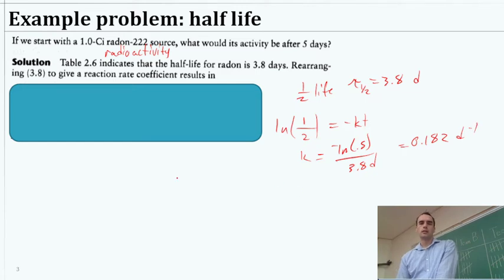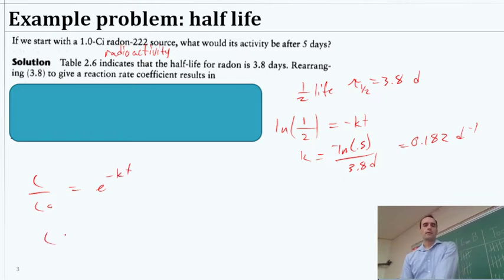Then we can apply that to the problem itself and say, well, what is our amount after 5 days? So let's call it C over C naught equals e to the minus kt.